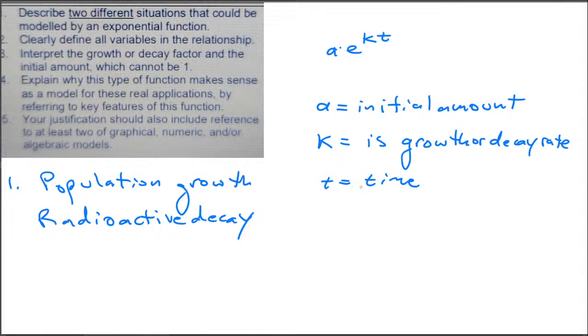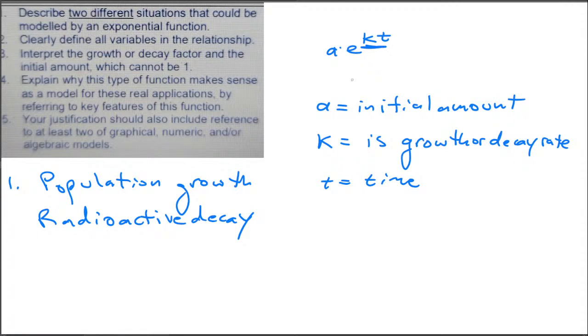Interpret the growth or decay factor. So this may be the factor that they're talking about in the initial amount, which cannot be equal to 1. There must be some data that they're talking about here. I don't know how we could fit these numbers unless we have data. A is the initial amount.